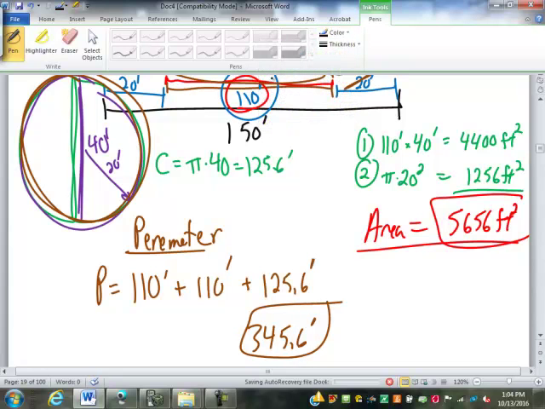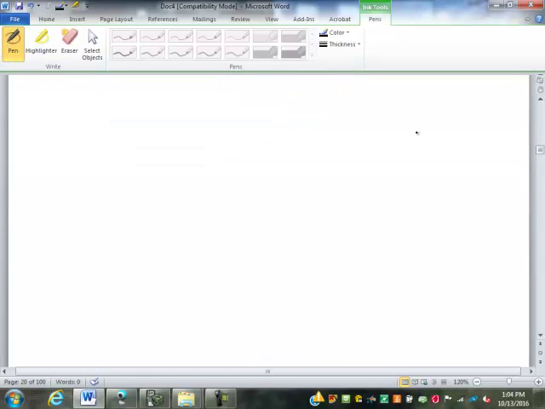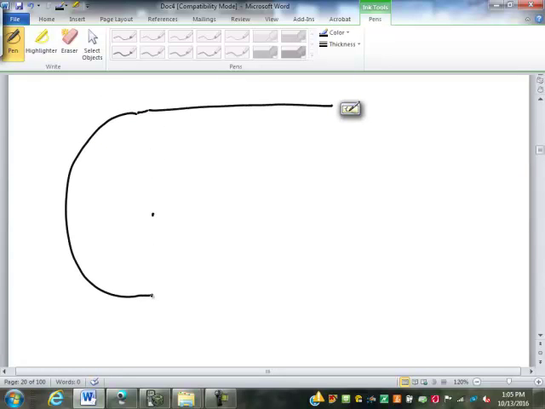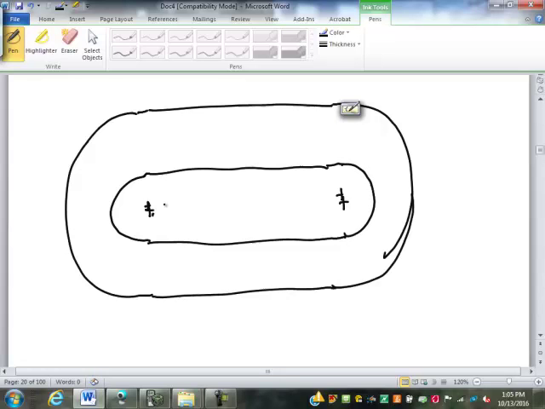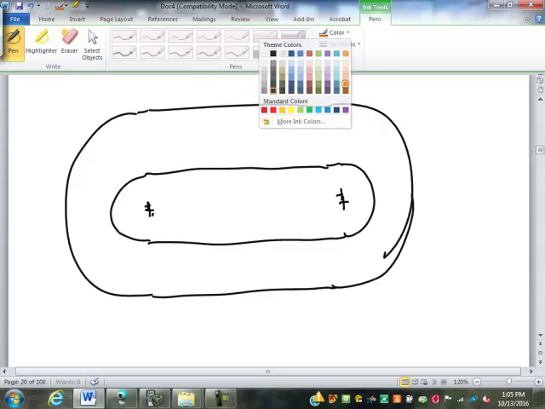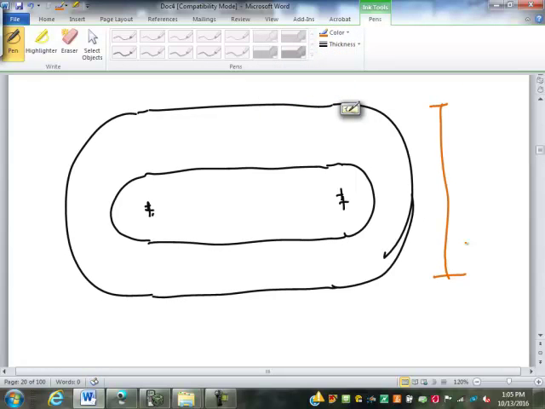The reason I showed you that problem was so I can show you this one. So for this one, we have a diameter here.